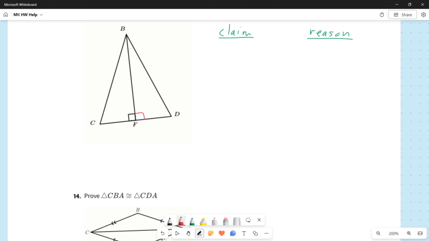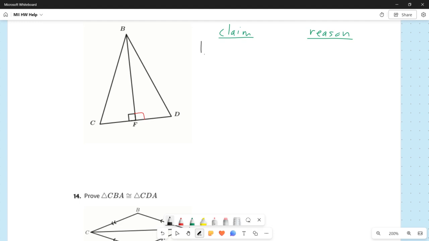What I will say for some of these triangle congruency proofs, it is possible that the way that I'm going to write it is a little bit different than maybe how you were taught or how your teacher wants you to do it. So it's sometimes okay to have some minor differences in terms of what gets included, what doesn't get included.